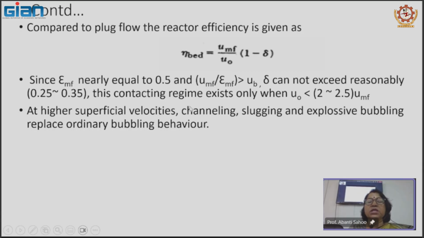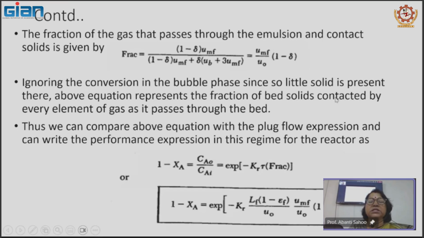With this we can substitute in the expression for delta and check that, because delta cannot exceed 0.25 to 0.35 in this contacting regime, and only when u0 is 2 to 2.5 UMF. So, if you take u0 as 2 to 2.5 UMF, we can check this delta.